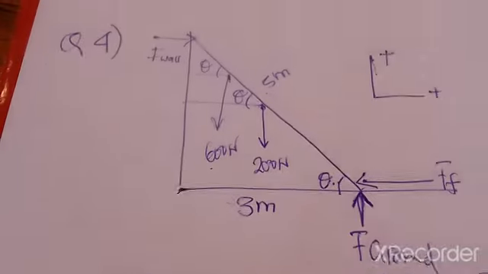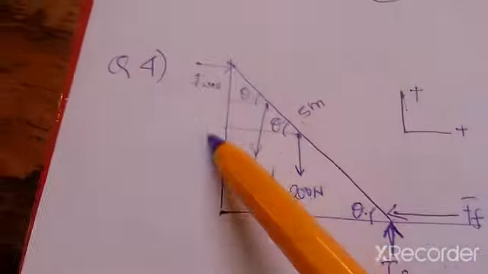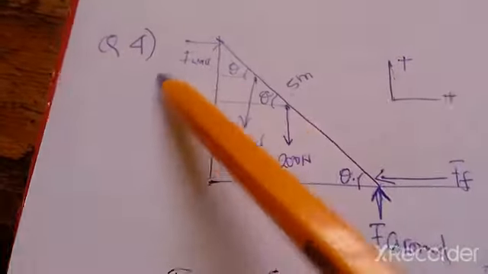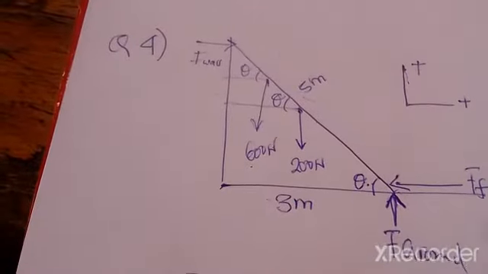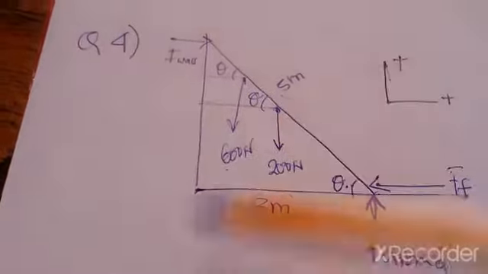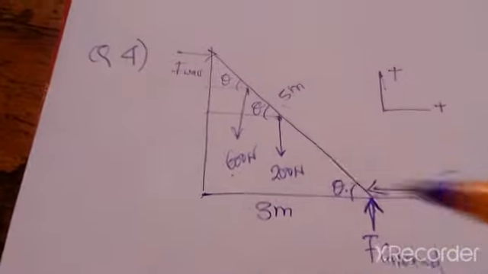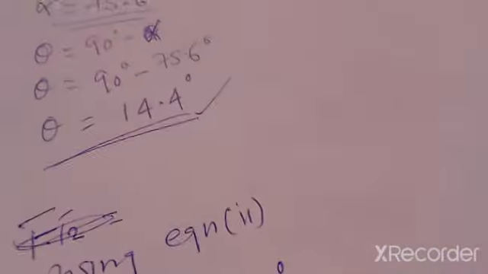In the diagram we have here, there are only two forces in the x-axis, this force and this force. This one is pushing in the positive, this one is pushing in the negative. So we've got these two. And if the system is in equilibrium, the two forces are equal. Okay, so that's the situation.